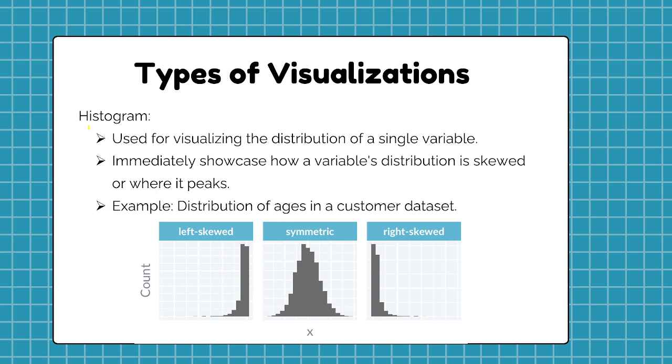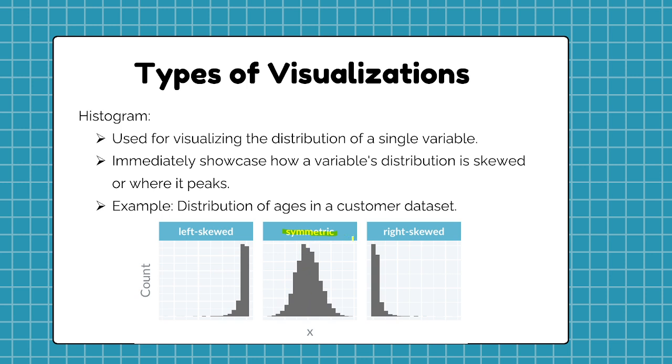So how is the distribution, whether it is skewed to the left or skewed to the right. The middle figure is a symmetric histogram. Okay, this is a symmetric histogram. That means the mean, median, and mode lie at the center of the data.